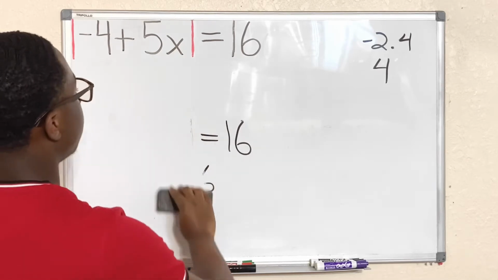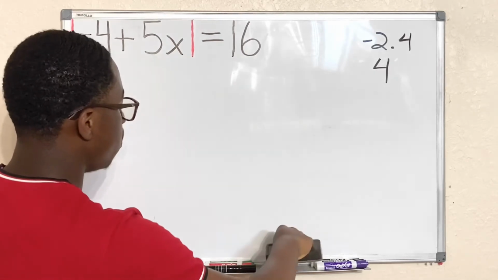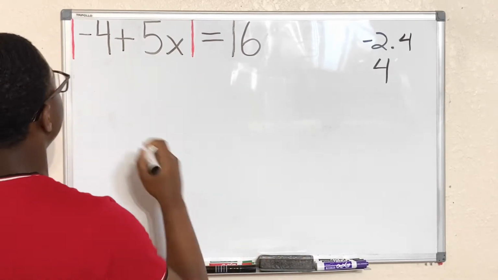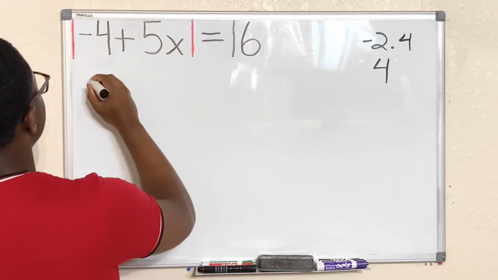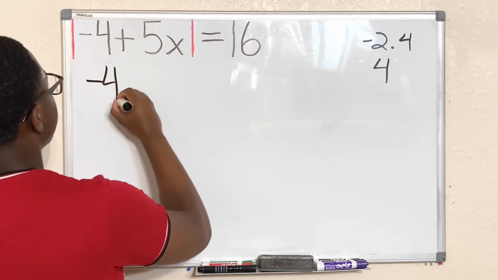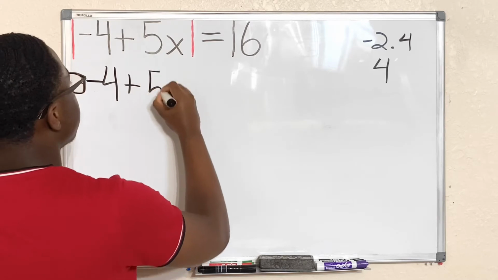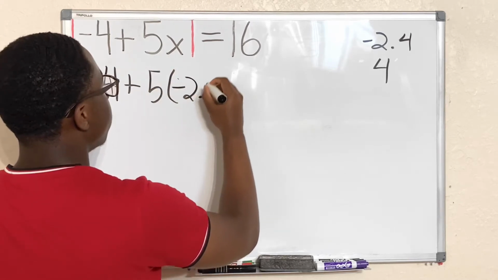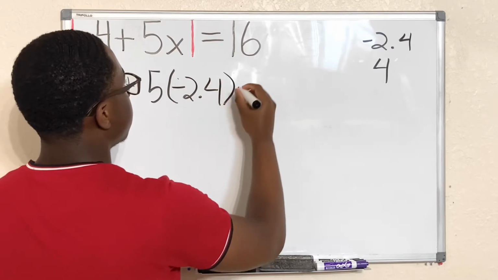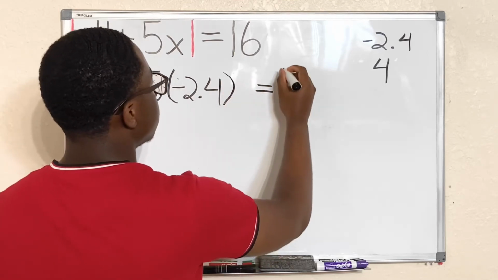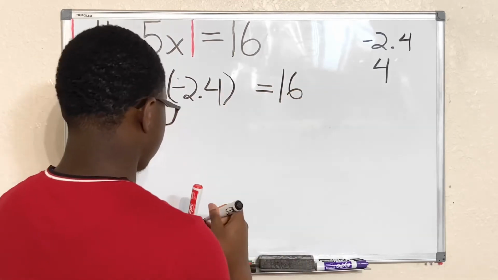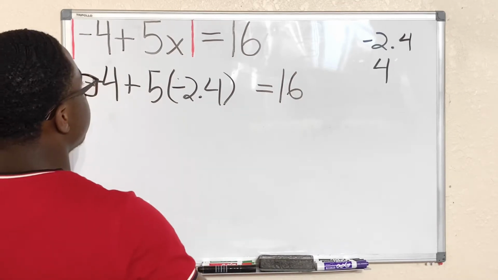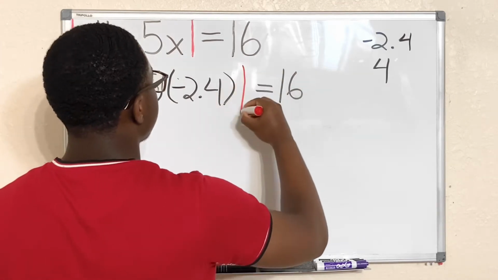Now let's work with our negative 2.4. So let's try that out. So let's start off with our negative 4 plus 5, in parentheses, we're going to have our negative 2.4, is equal to 16. Don't forget your absolute value bars.